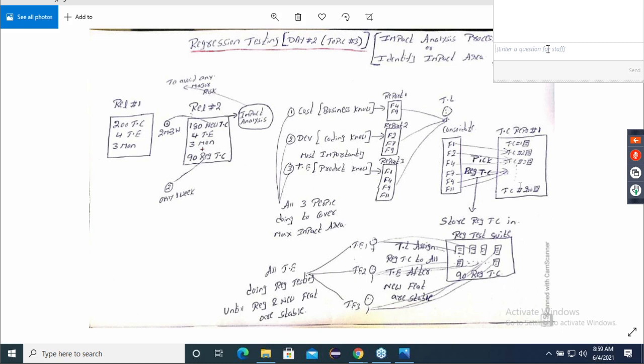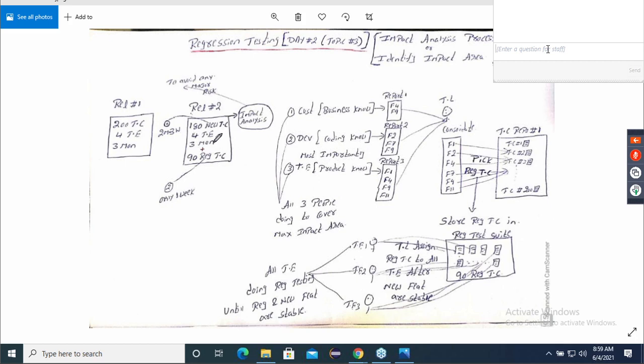Remember this point: only after new features are stable. And the time given for regression testing is always less than for new features. Anyhow, I'll give notes for this whole diagram. So the time given is also less.